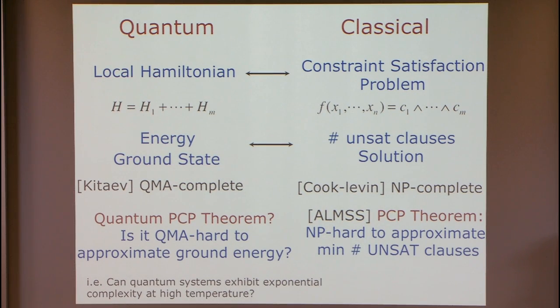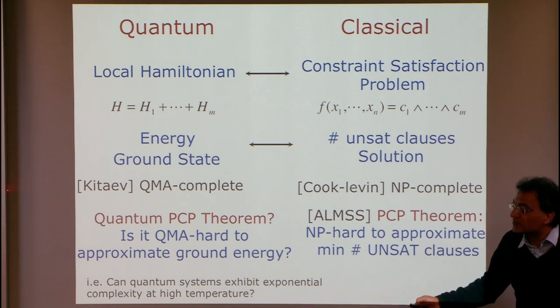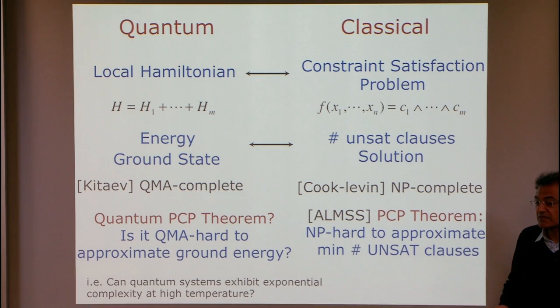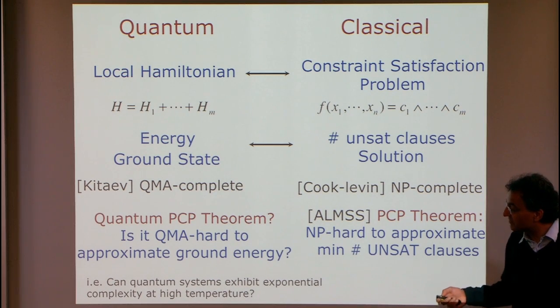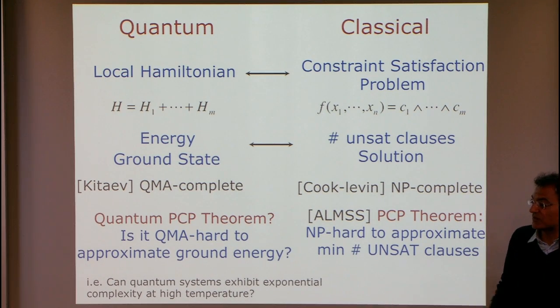So it's very hard to tell, given a 3-SAT formula, whether it's completely satisfiable or whether no more than, let's say, 7/8 plus epsilon fraction of the clauses can be satisfied. So this was a really remarkable theorem. We could ask, is there a quantum analog of it? People have been trying for some time, but we don't really know what the answer to this question is.